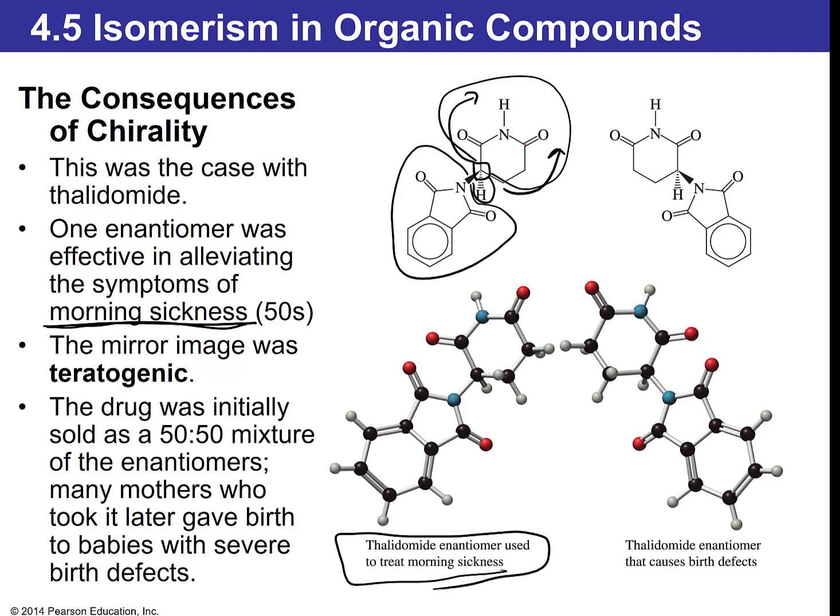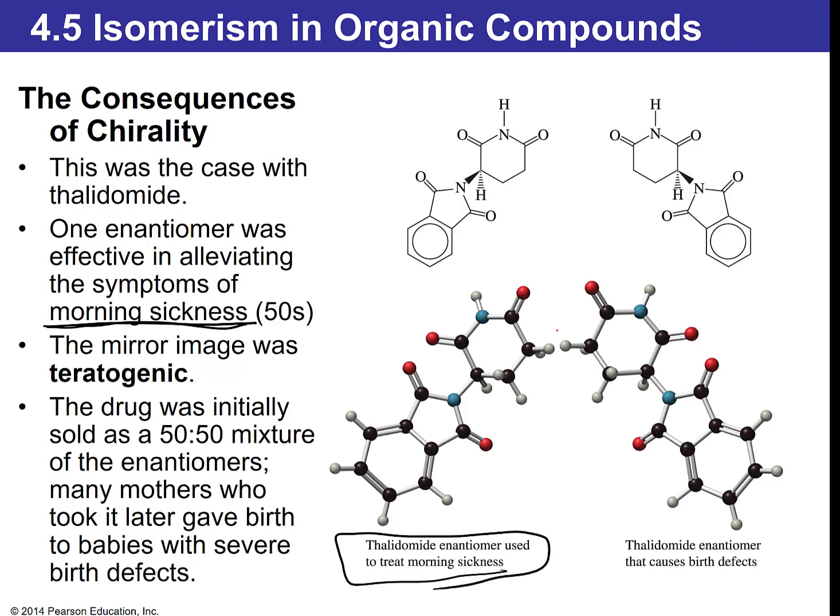Still that one chiral carbon that is present there. So they tested it and they were like, it reduces morning sickness. So women gained weight, they maintained normal healthy weights in that first trimester, they saw better outcomes. So they were like, all right, let's scale up and we'll begin to distribute it.